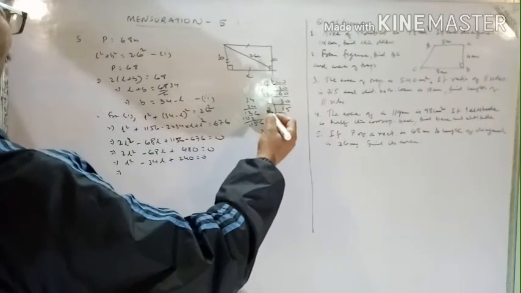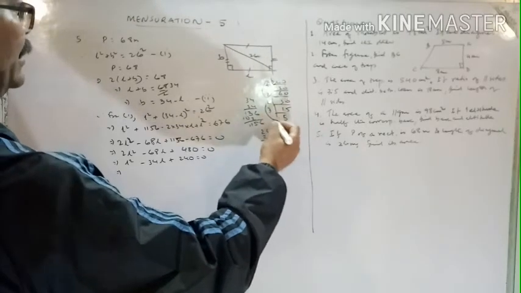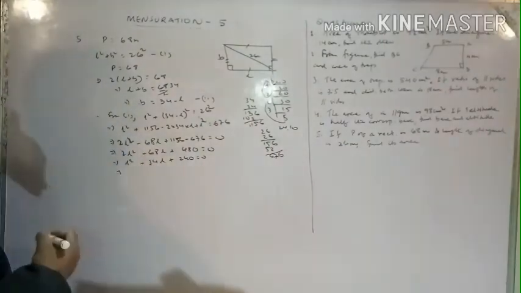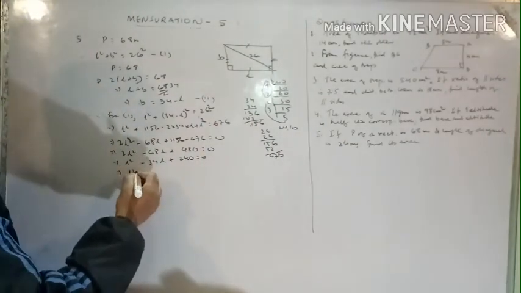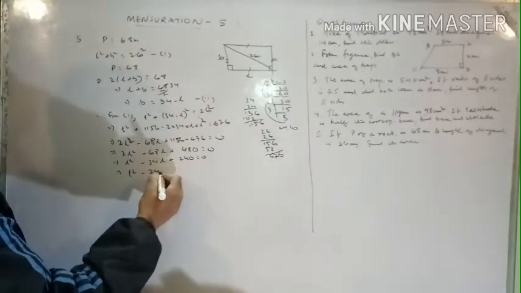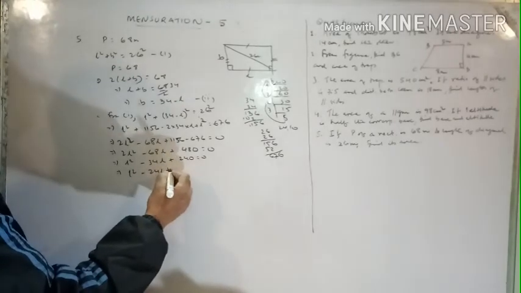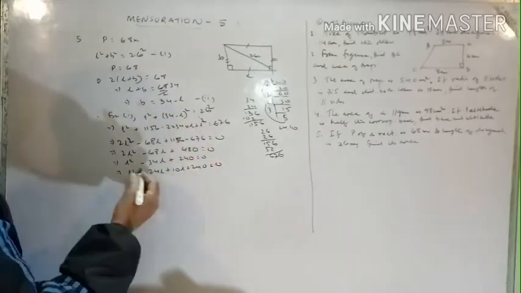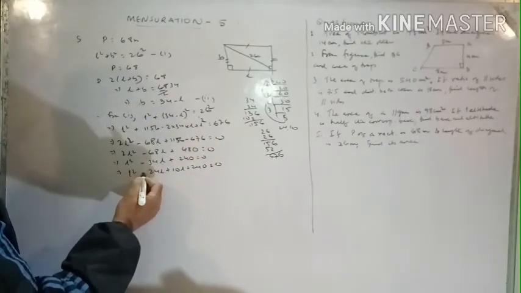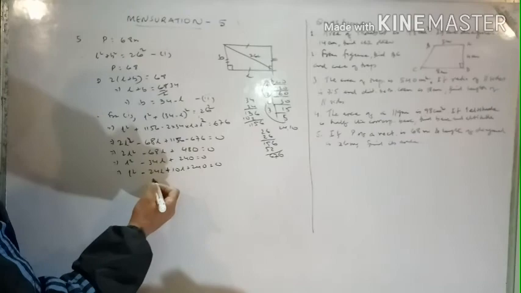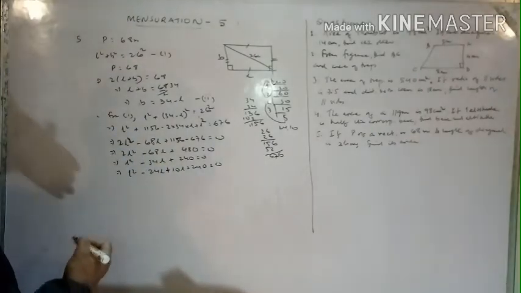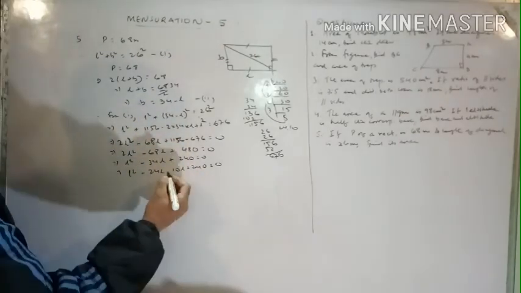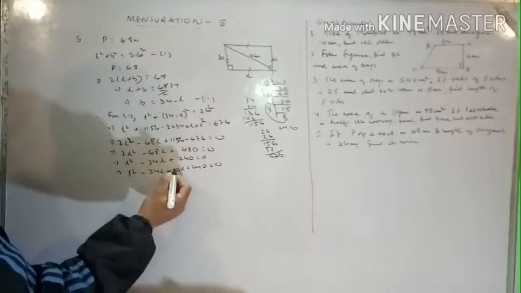We get 24 and 10, and 24 and 10 will give you 34. So L square minus 24L minus 10L plus 240 equal to 0, because the sign of the bigger term should be minus, so that you get 34, because 24 plus 10 is 34.